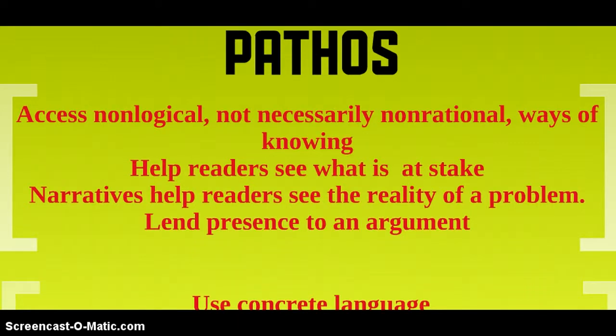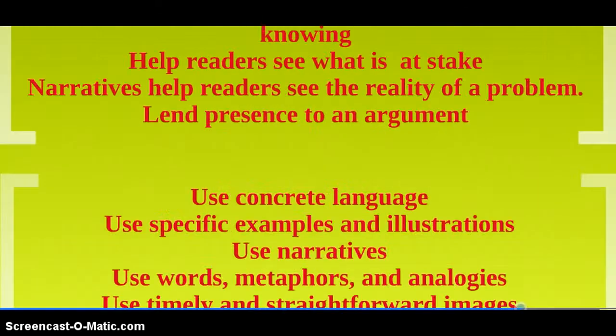They can help readers see what is deeply at stake in an issue and what matters to the whole person. These types of arguments are often improved through the use of narratives, which help readers see the reality of a problem and can lend presence to an argument, creating immediacy and emotional impact. Pathological appeals become illegitimate, on the other hand, whenever they confuse an issue rather than clarifying it.